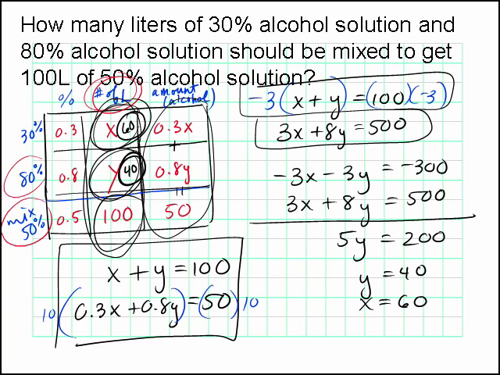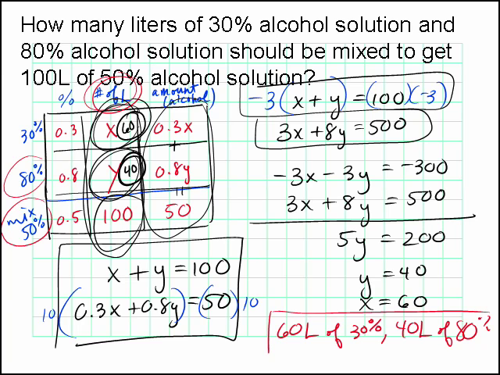That means I need x, which is 60 liters of the 30%, and I need 40 liters of the 80%. And that will give me the mixture that I need. All right, next example.